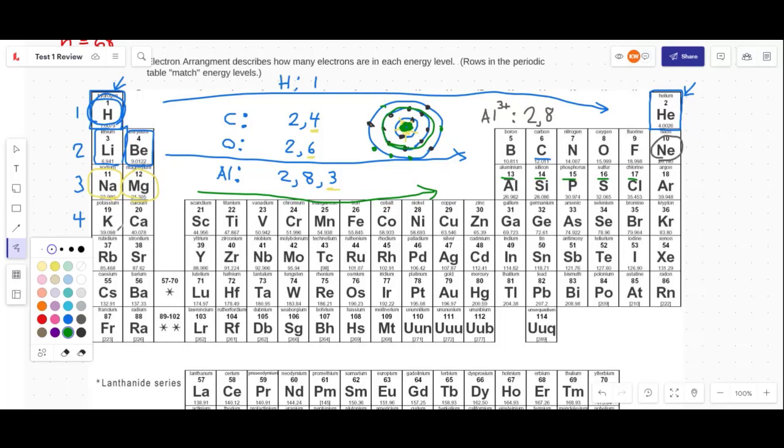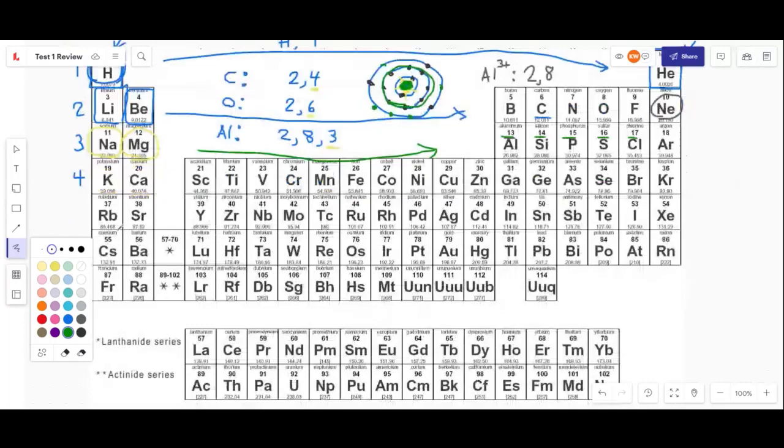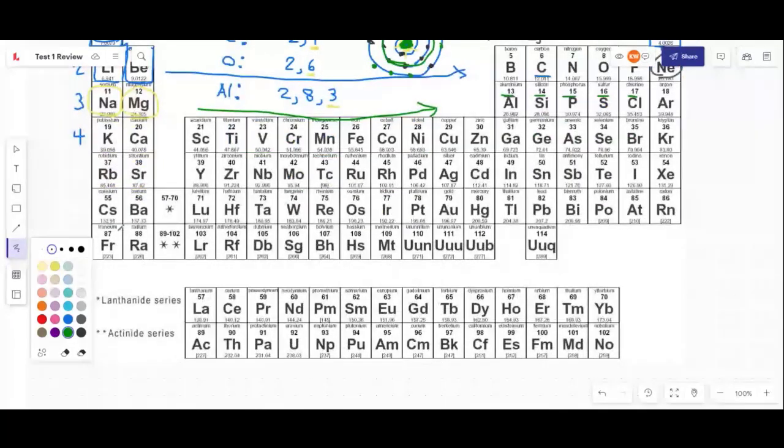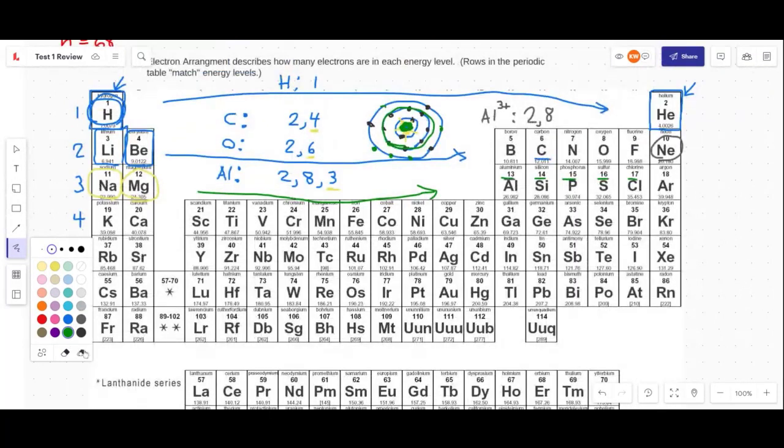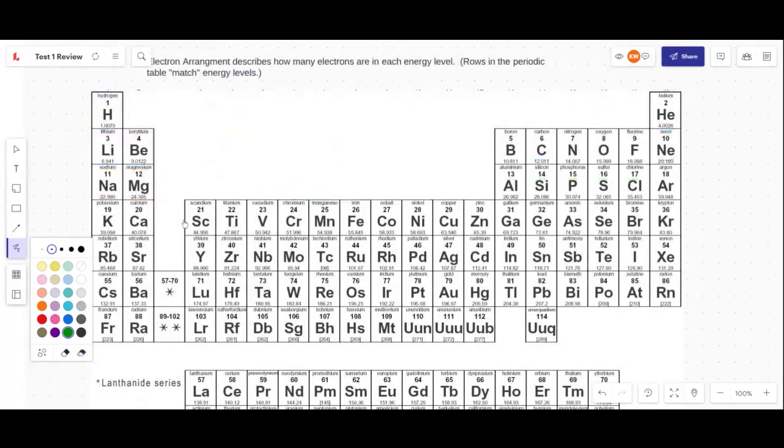So, for example, if I was to describe the size going from sodium, I'm going to go ahead and clear everything. Let's say sodium is this big. There are more protons, but the same level of shielding, so all those electrons are getting pulled in tighter.